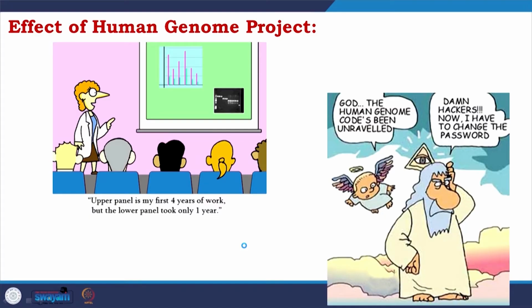It was so slow. And after the Human Genome Project happened, an angel came and told God, the human genome code has been unraveled. God says, damn hackers, now I have to change the password. So it even affected God.